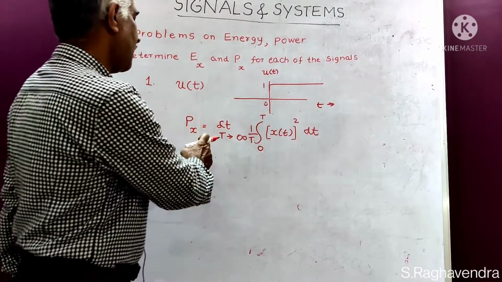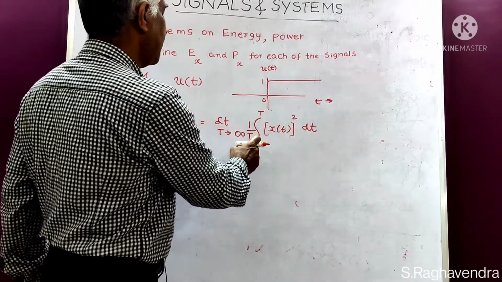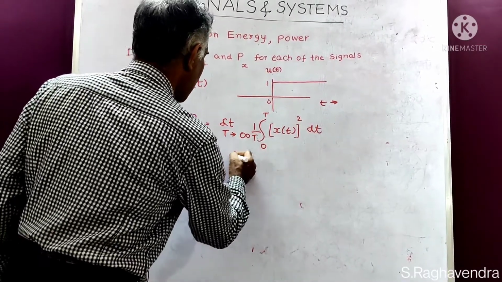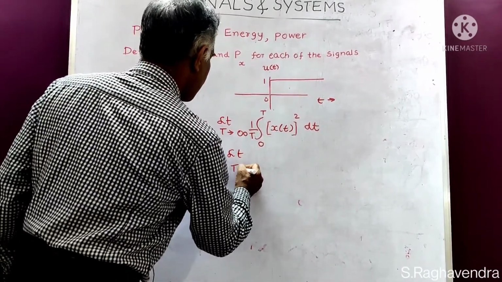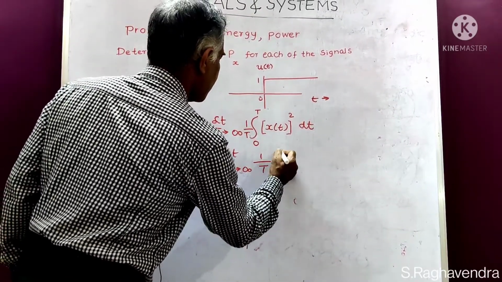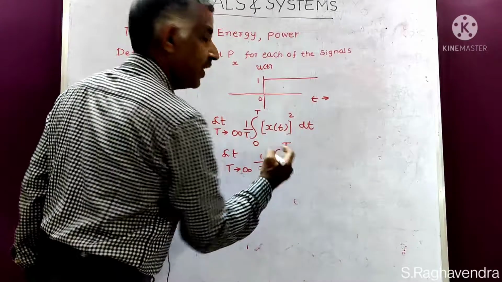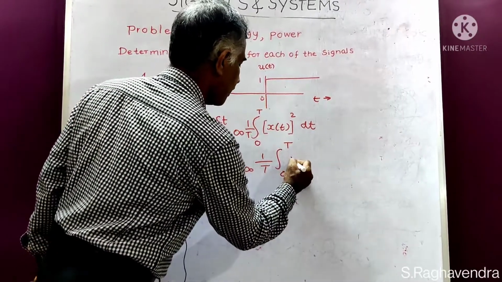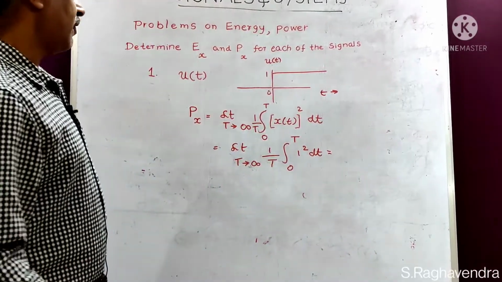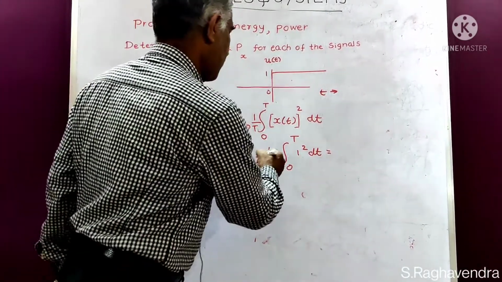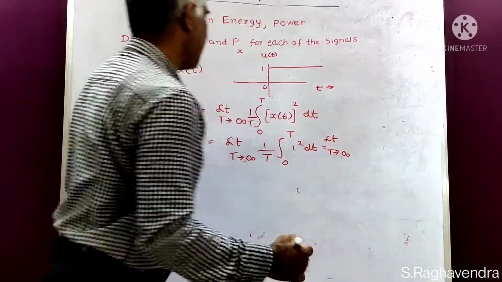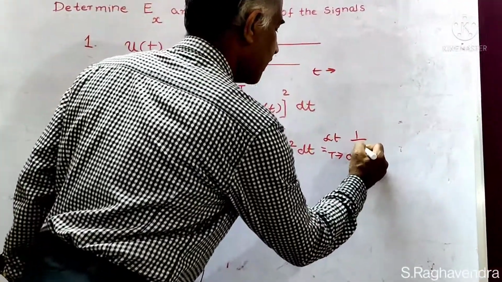So limit t tending to infinity of 1 by t, integral 0 to t of x(t) square dt equals, as usual, limit t tending to infinity of 1 by t, integral 0 to t of 1 square dt, which equals limit t tending to infinity of the integration of dt.